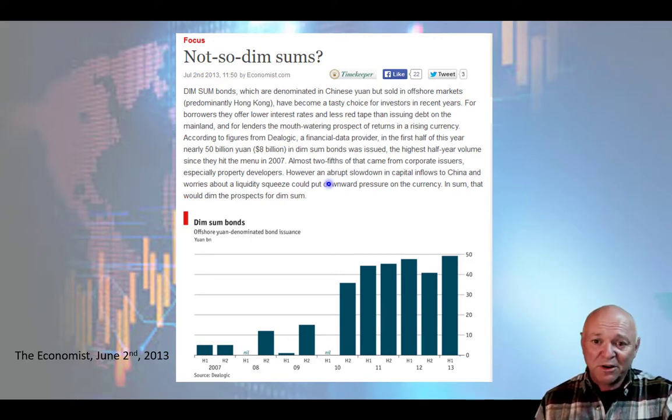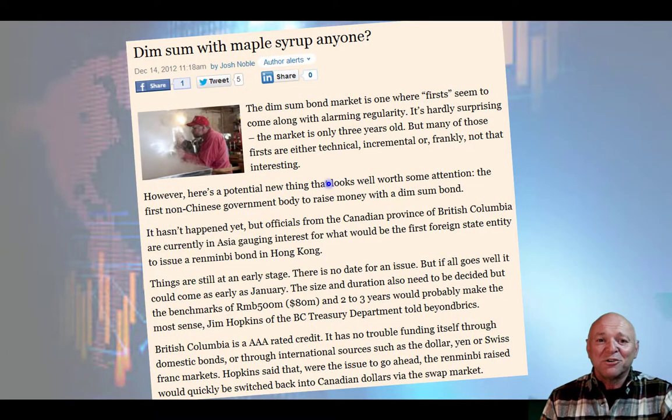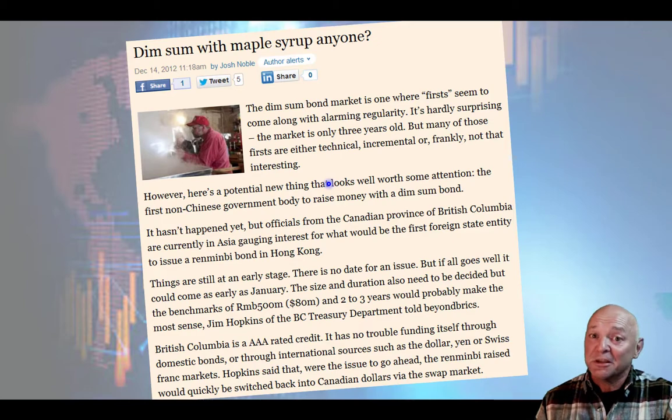In fact, one of the biggest early issuers of yuan denominated instruments was the province of British Columbia, who went to market in Hong Kong, raising money denominated in renminbi, with a bond issue, I think, of a total value of about $80 million. So it allowed Chinese investors to invest in Canadian markets, essentially, by investing in a Canadian company.